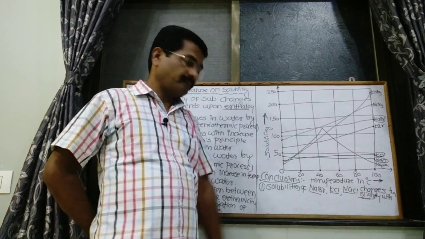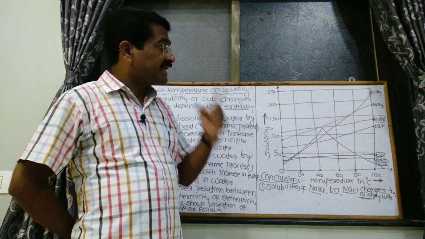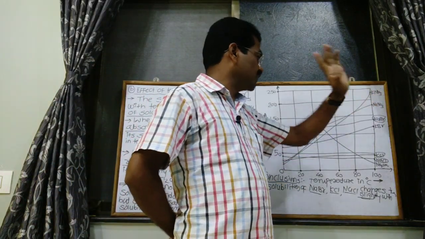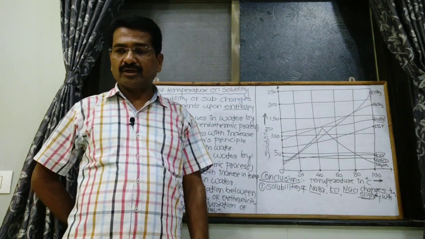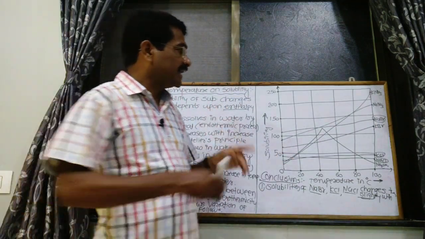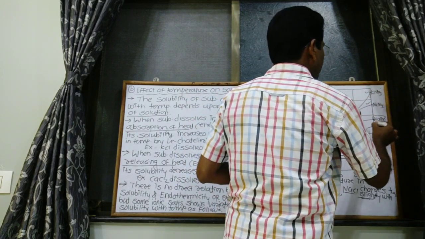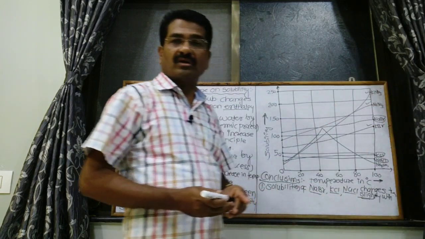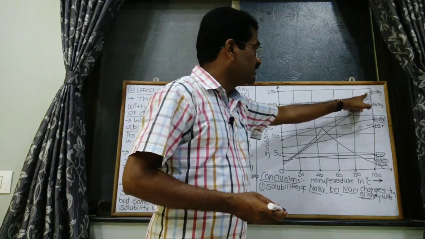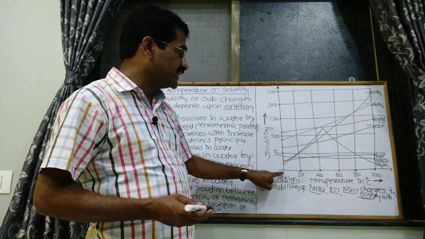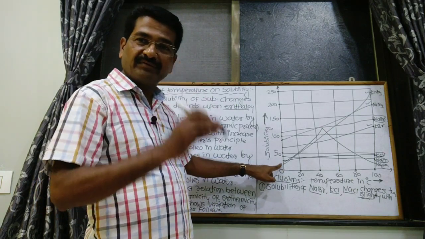So that is the first conclusion. Then see the second conclusion: solubility of KNO3, NaNO3 and KBr. First, KNO3. The solubility of KNO3 at 0 degree Celsius is much lower than 50.